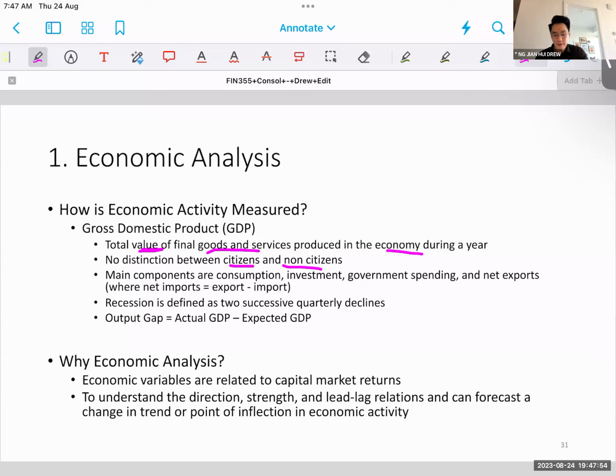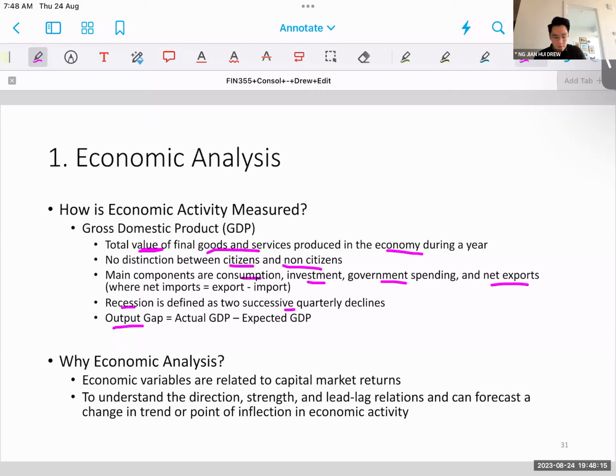The main components are consumption, investment, government spending, and net export. There are also the output gap, which is actual minus expected, and a recession, which is just two quarters of successive decline. As you see here, the main components of GDP, maybe I'll use a different color, are consumption, investment, government spending, net export.